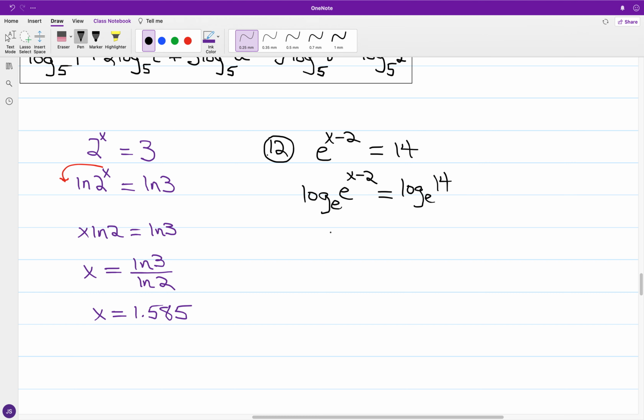Okay, so left hand side we'll have x minus 2 is going to be equal to the natural logarithm of 14. In fact, you could have gone ahead and written this as ln of 14. And for the natural logarithm of 14, again, we had that 2.639 number.